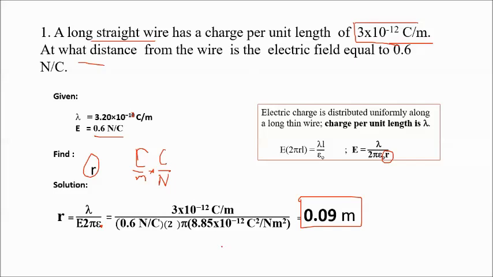The unit of the permittivity constant, reciprocal, is newton dot m squared divided by coulomb squared. Okay, so ito makancel itong c times c is c squared. Makancel ang n at saka n. 1m with 1m. So that is why m na lang ang unit ng distance.